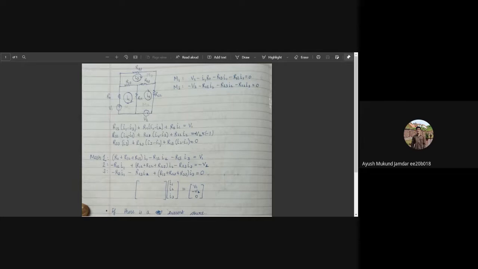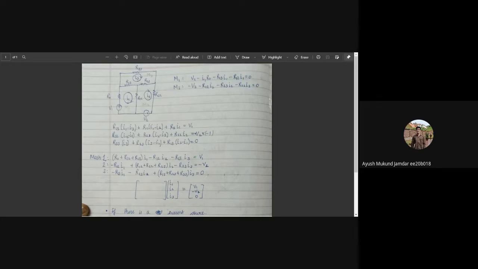And later in mesh 1, we have R12, and the net current through it is I1 minus I2. So the potential drop again will be R12 times I1 minus I2. And this total energy should be equal to 0. So on rearranging, we will get R13 times I1 minus I3 plus R12 times I1 minus I2 plus R11 times I1 is equal to V1, just as we just said.